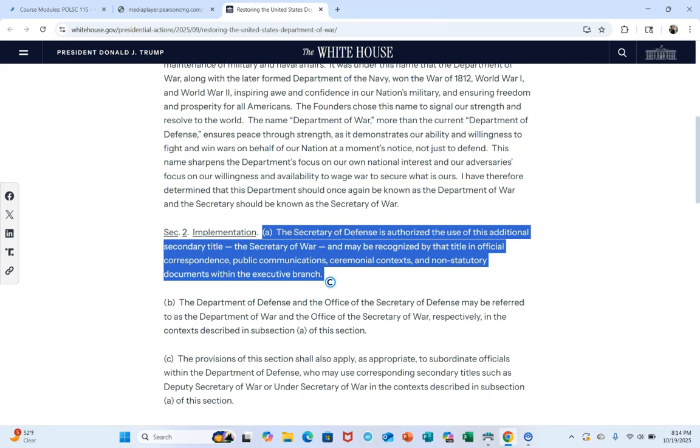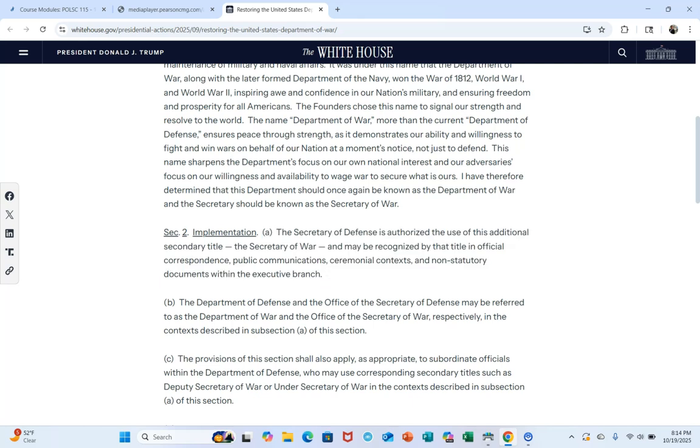So it takes an act of Congress to change the law. All right. So the president can say there's a secondary title. It's still technically the DOD. He's still the Secretary of Defense.